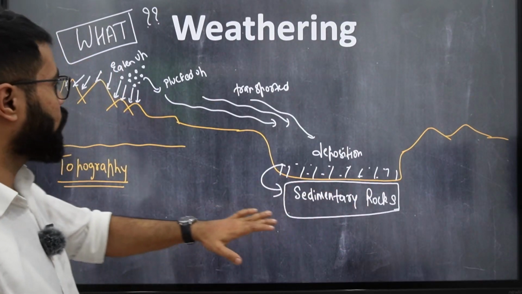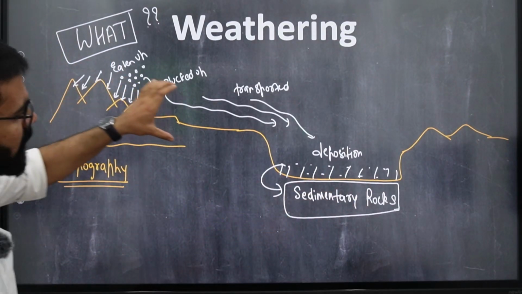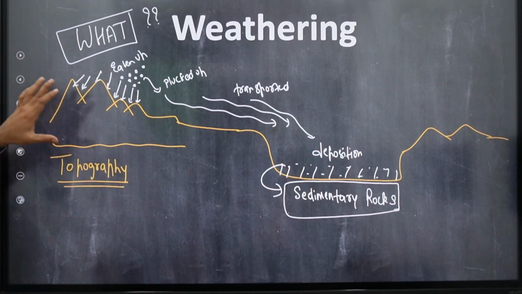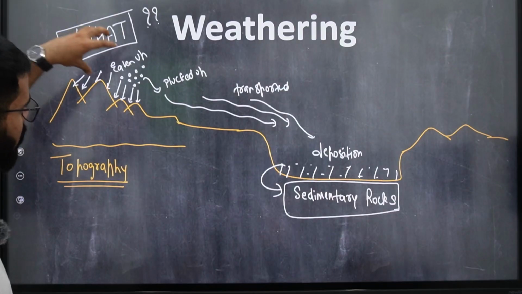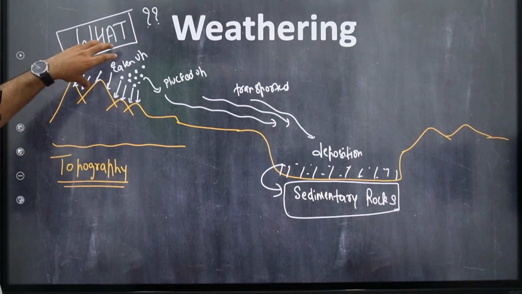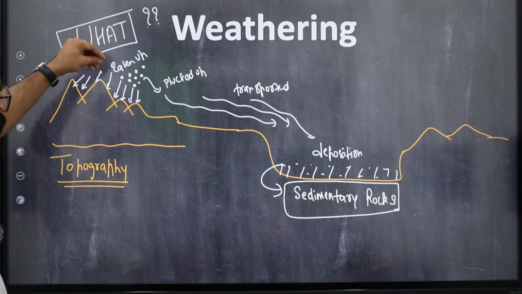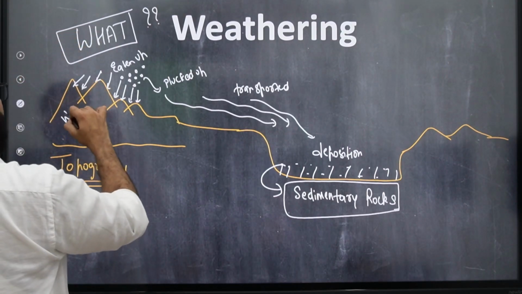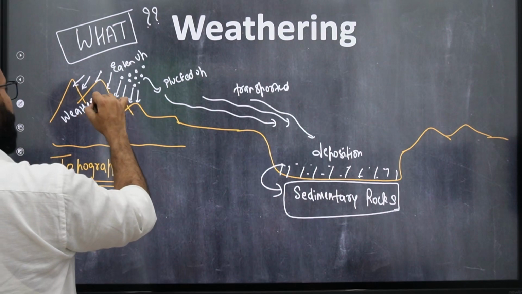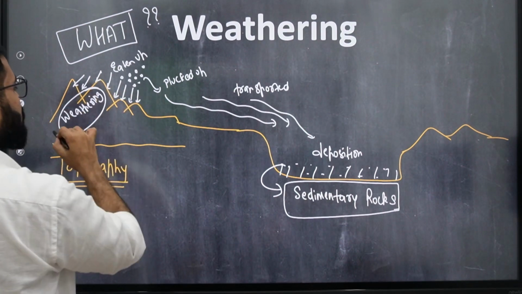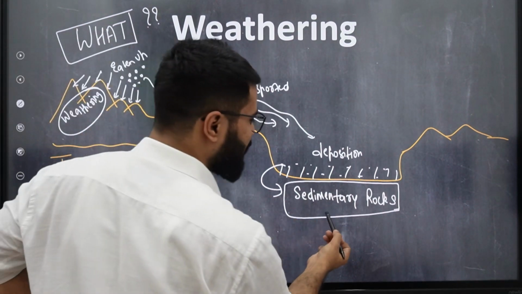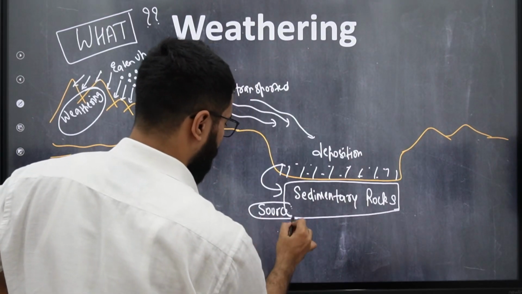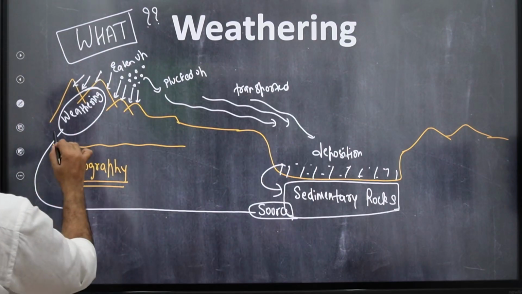In the entire course, we will be studying various aspects that occur in this journey. For the sake of today's lecture, we are going to concentrate on this eating up. This disintegration, this breaking up of material is what is known as weathering. If someone asks you what the source of sedimentary rocks is, the one word answer would be weathering.